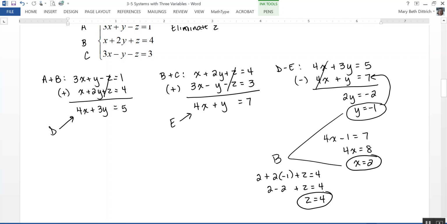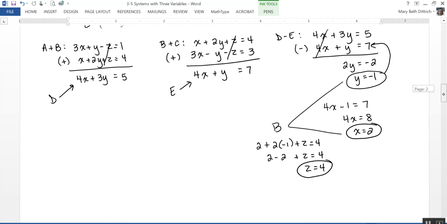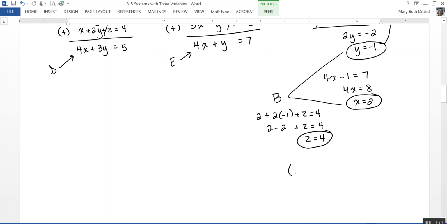So my final answer is going to be the ordered triple (2, -1, 4). Line them up: x, y, and z. And there's my solution. You could check this by plugging them back in if you want to.